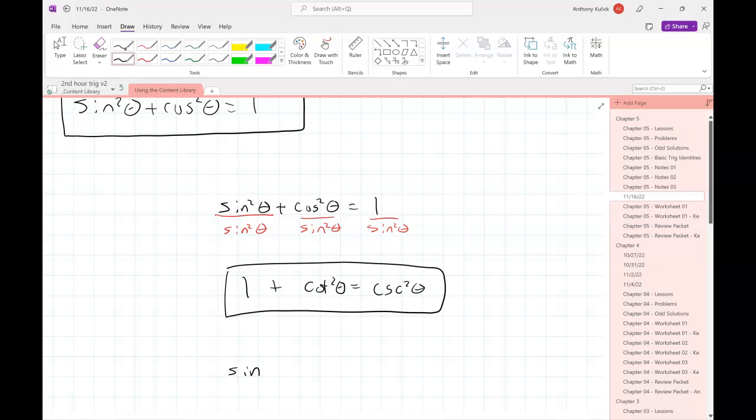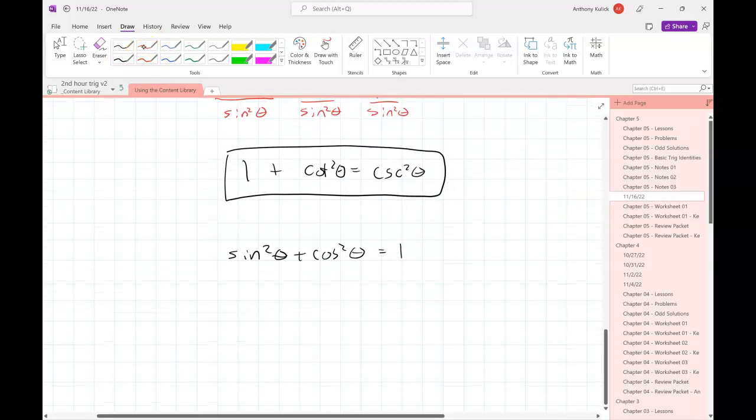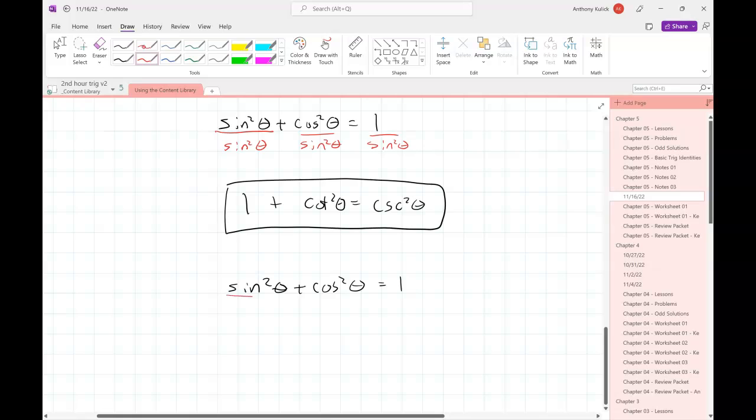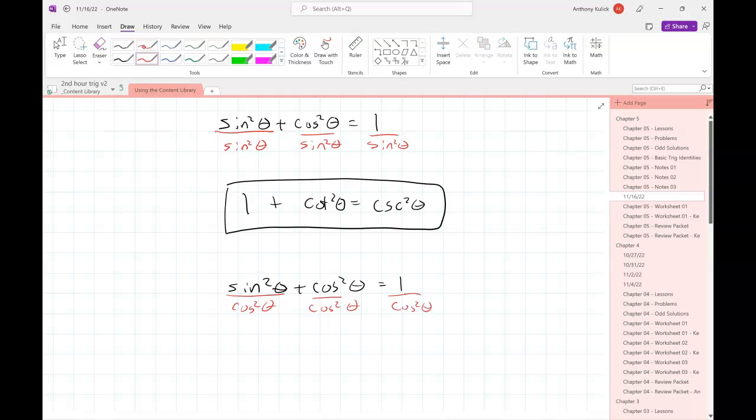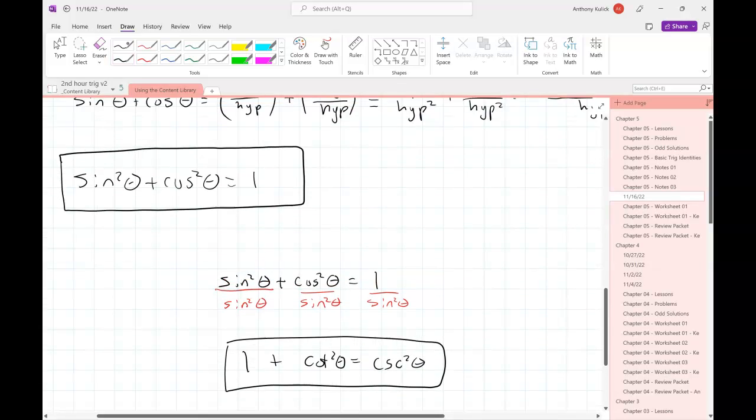What if we start with that sine squared plus cosine squared is equal to 1, but this time instead of dividing everything by sine squared, I divide everything by cosine squared. What's sine squared theta divided by cosine squared theta got to be? Well, let's go back and check.